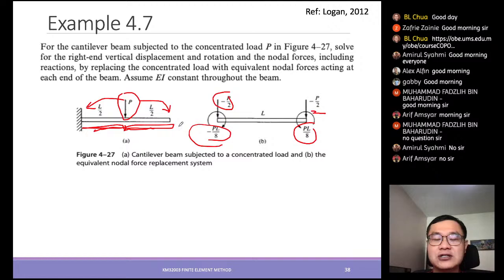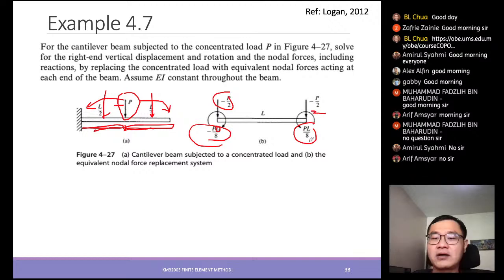This is important because you can see that this L is important to denote the location of this P. It can be over here, it can be over here. That tells you how you can locate it accordingly.